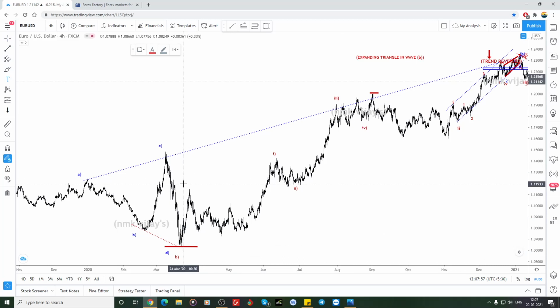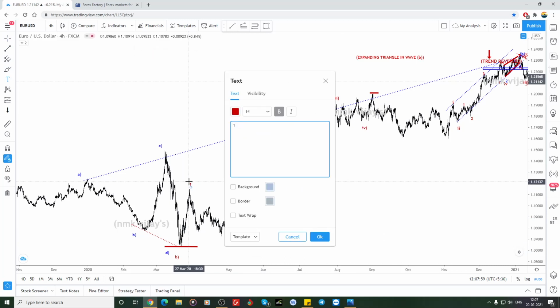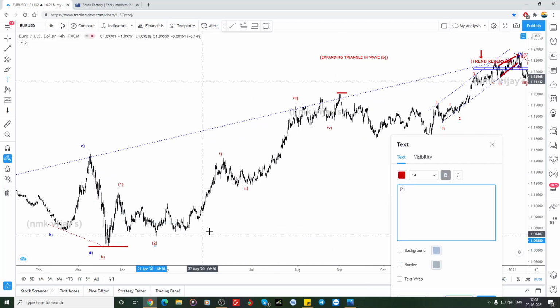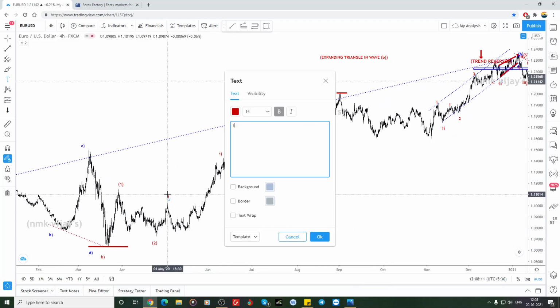So this could be a 1, a bigger one, we can make it a bigger 1. So this is a bigger 2. So here it could be another 1, 2.